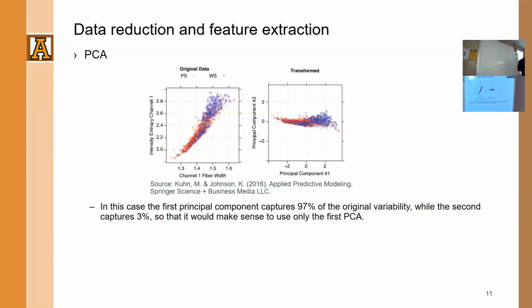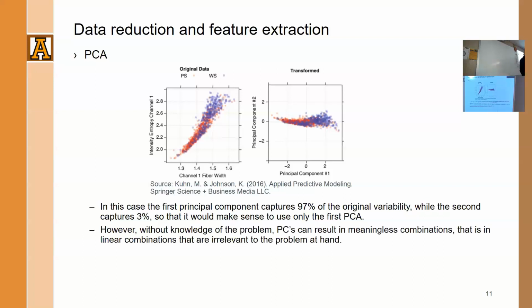Although I would only do it if it's strictly necessary to reduce dimension before we determine a model to do prediction. The principal components can result in meaningless combinations because they don't take into consideration the response. So it can really result in combinations that do not have anything to do with the problem at hand.